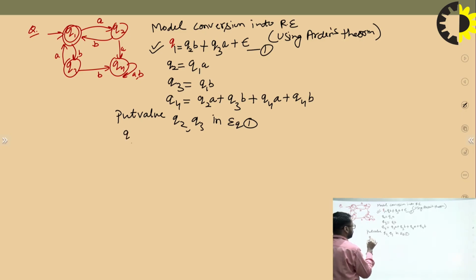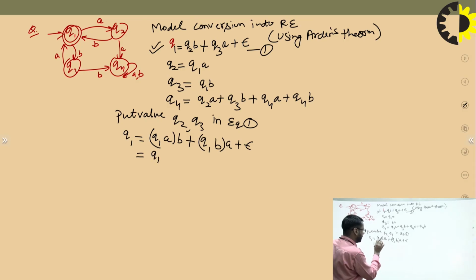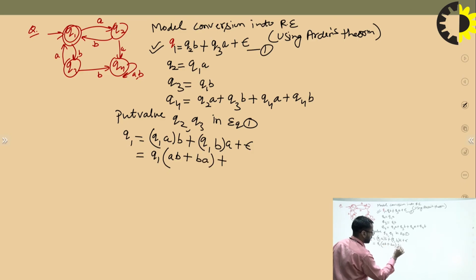The resultant will be Q1 equal to Q1A for Q2, and for Q3 the value is Q1B, and we use A plus epsilon. That is the resultant value. Here we can take Q1 common, and the resultant will be Q1 AB plus BA plus epsilon.